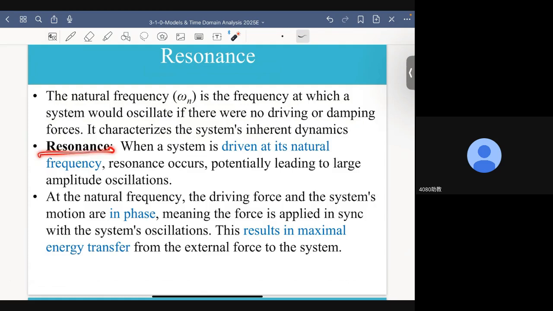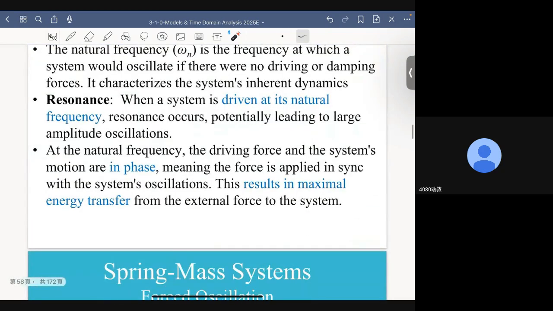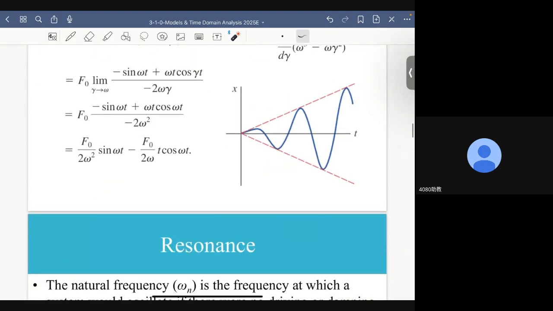And resonance: when a system is driven at its natural frequency, resonance occurs, and potentially it leads to large amplitude of oscillation. And why is that undesirable? Before answering that question, let's figure out why this is happening.